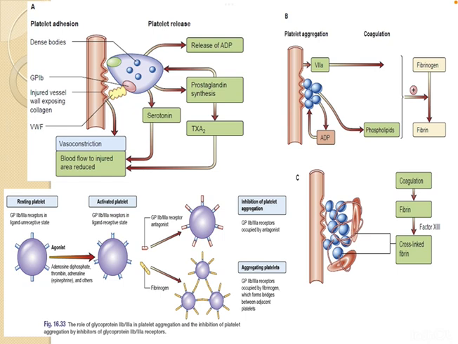For platelet adhesion and aggregation, number one, there's a vessel injury, and through von Willebrand factor it helps in the binding of the platelet at the site of injury, and this binding is mainly through the glycoprotein 1b receptors in the platelet membrane.